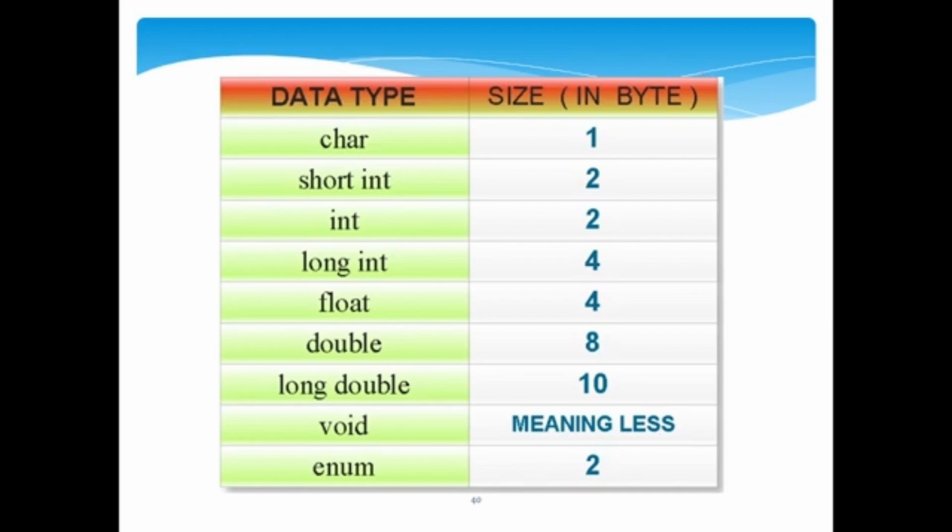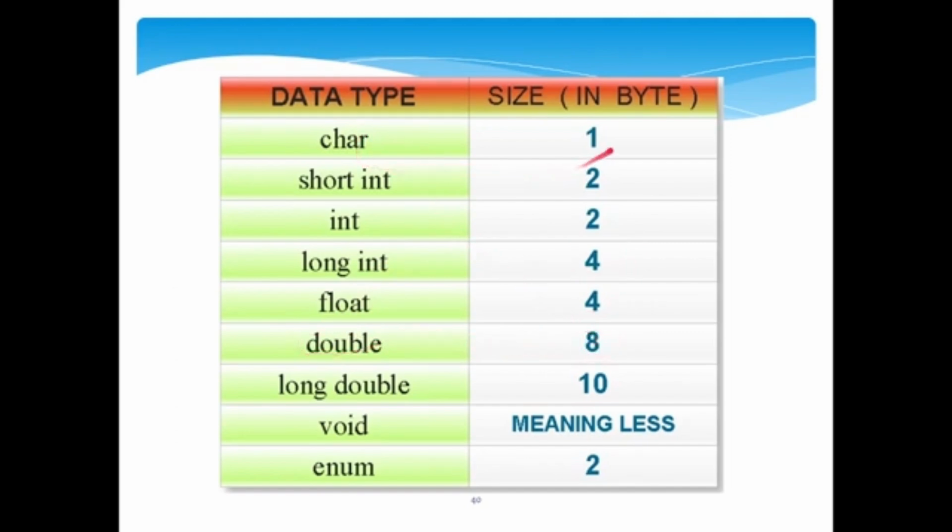And this is a simpler form where you can remember it in the simplest manner. This is given in bytes. As I said, 1 byte is 8 bits, and I have written this in bytes. For int, it is 2 bytes. For long int, it is 4 bytes. For float, it is 4 bytes. For double, it is 8 bytes.